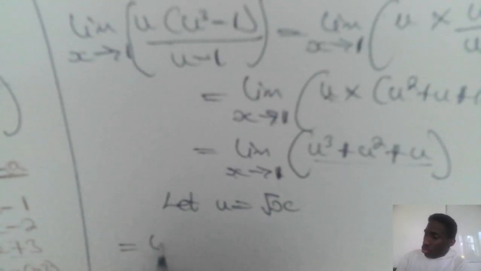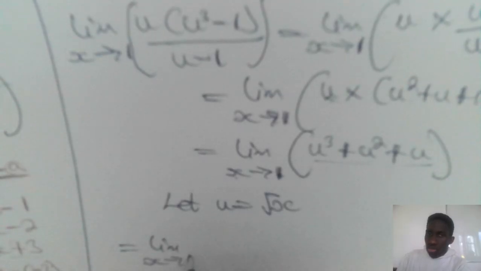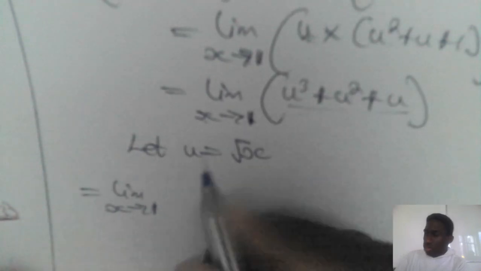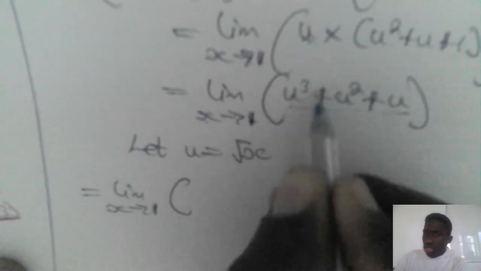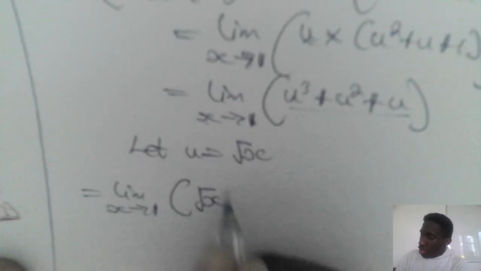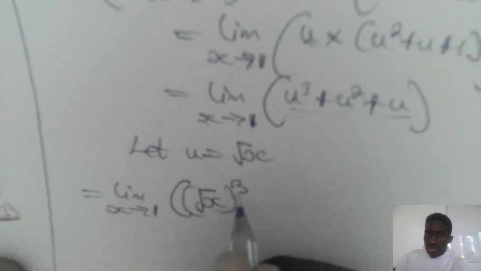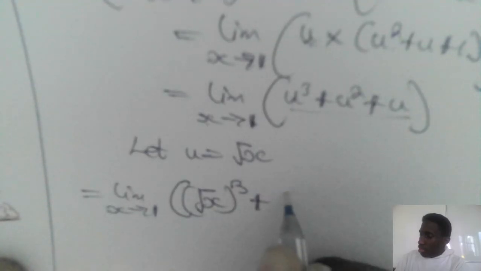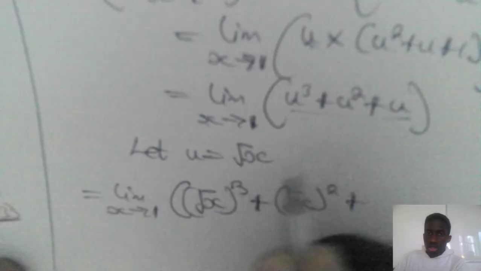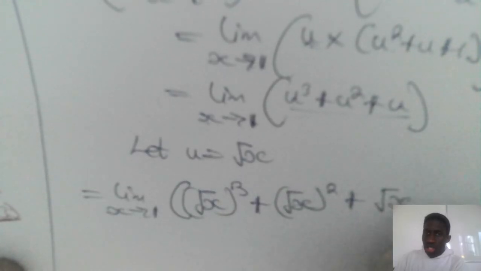So this is equal to the limit as x approaches 1 of u cubed, which is just equal to the square root of x all cubed, plus u squared, that's the square root of x all squared, plus u, which is the square root of x.